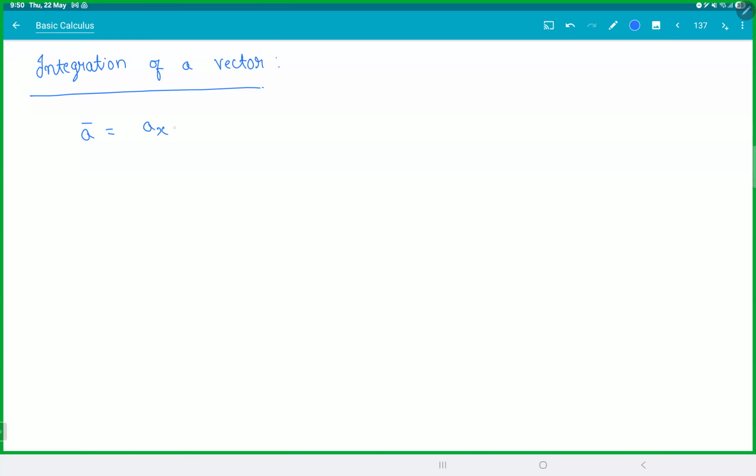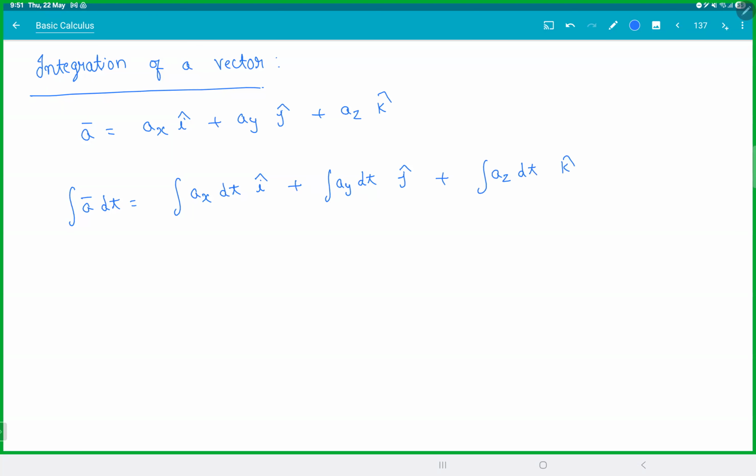If you have a vector like this, and someone asks you to integrate A bar dt, then simply integrate Ax dt i cap, plus integral Ay dt j cap, plus integral Az dt k cap. That's it. Just integrate each term separately and you're done.